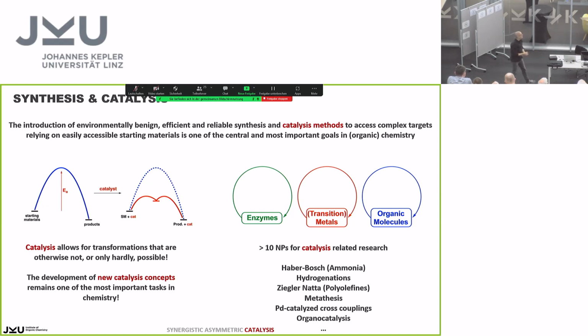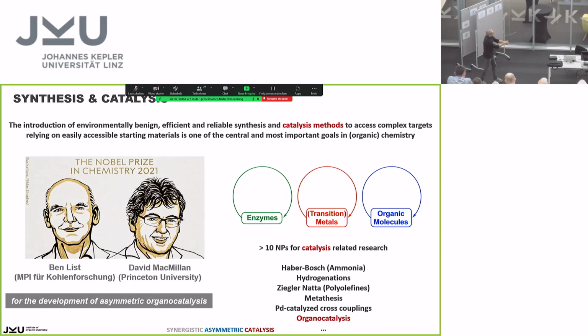And what is especially interesting for our group is the use of organic molecules for catalysis. So this was also really popularly honored by the Nobel Prize in 2021, going to these two gentlemen, Ben List from Germany and Dave McMillan, native of Scotland, now working in the US, who were pioneers in the field of asymmetric organocatalysis, so the use of small organic molecules for catalysis.